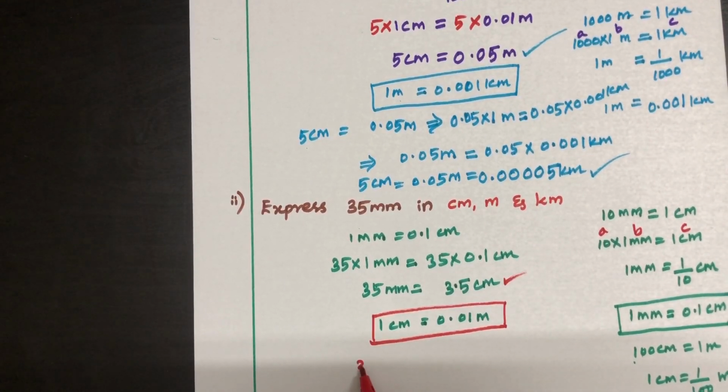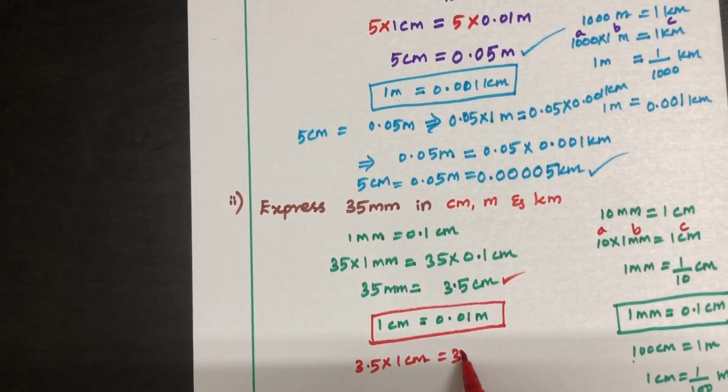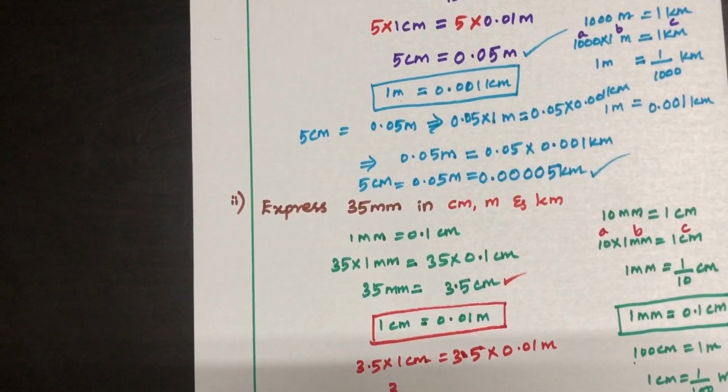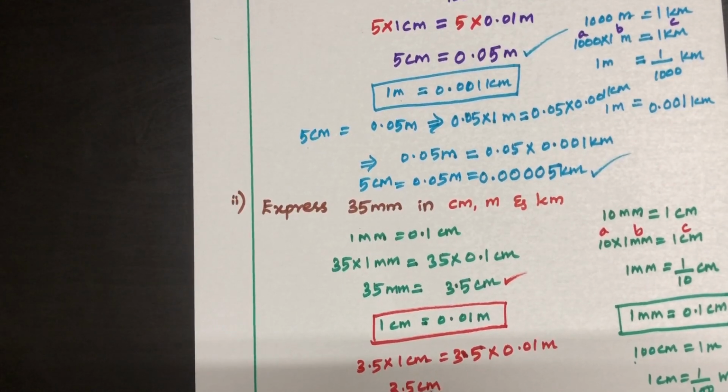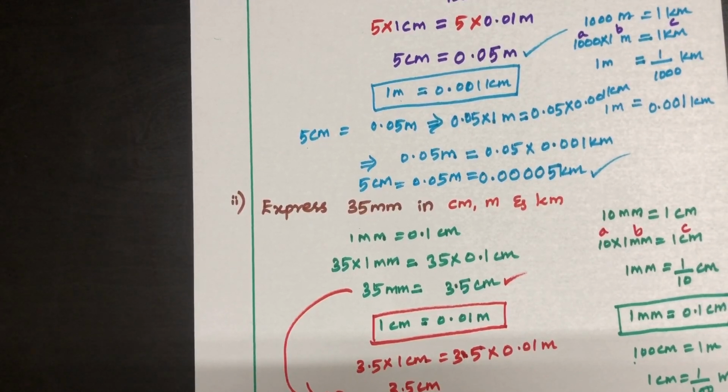So multiply 3.5 on both sides: 3.5 into 1 centimeter is equal to 3.5 into 0.01 meter. This is 3.5 centimeter. This is nothing but this only. 35 mm equal to 3.5 centimeter.